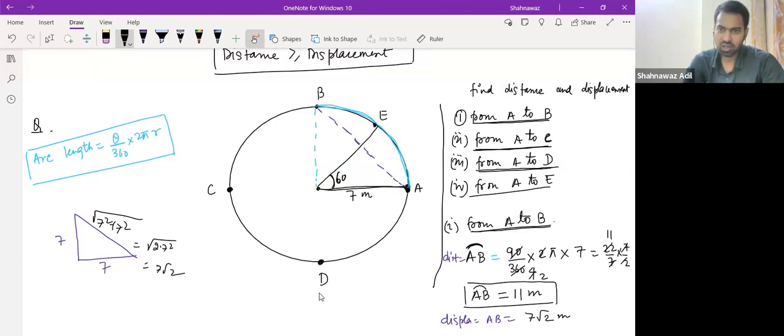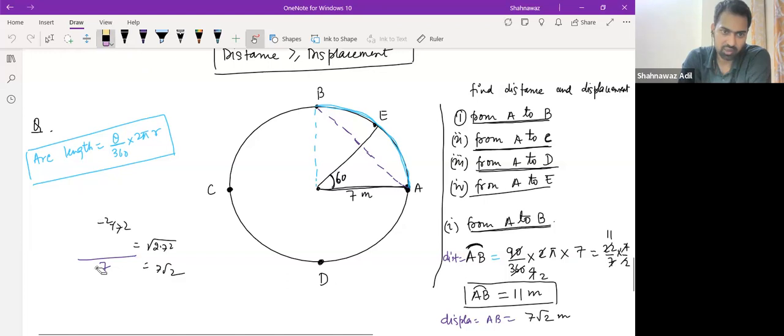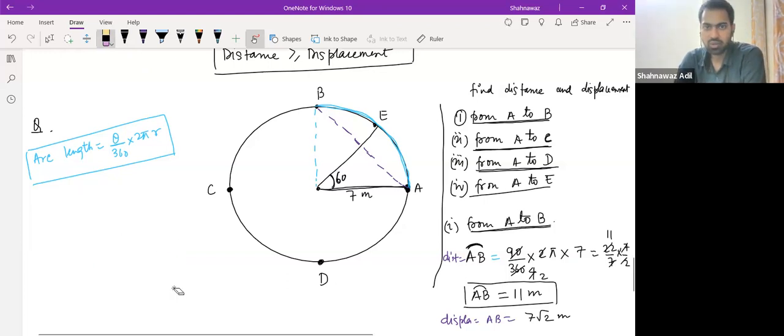Now, so please note it down. Then we will calculate the next one. Whenever you have noted it down, I will erase this part.